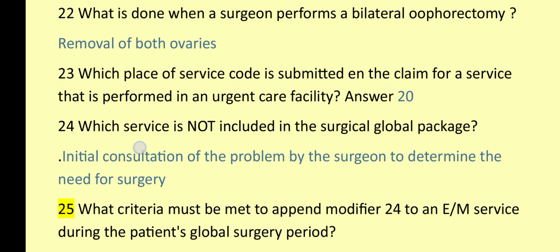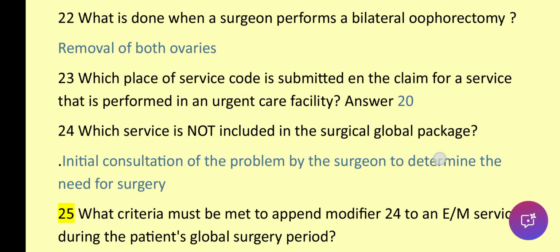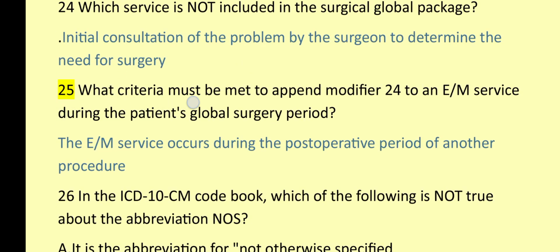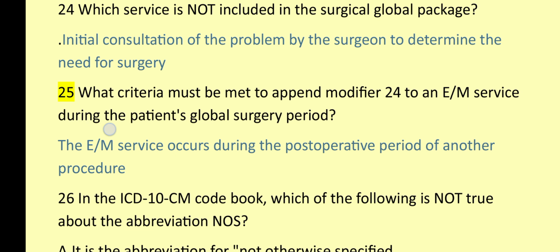Initial consultation of the problem by the surgeon to determine the need for surgery. 25. What criteria must be met to append modifier 24 to an E/M service during the patient's global surgery period? The E/M service occurs during the postoperative period of another procedure. 26.